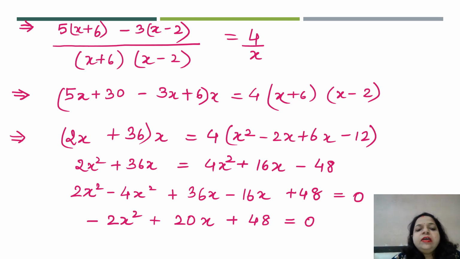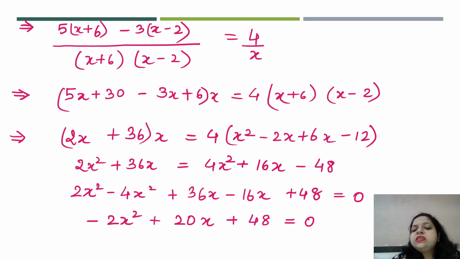Now on the left hand side, 5x minus 3x gives you 2x, so 2x plus 36 into x is equal to 4 into x square minus 2x plus 6x minus 12.